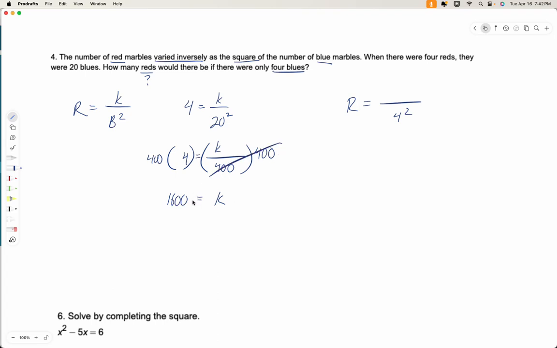Because these cancel, and then that becomes 1600. So now I can put k in right here, 1600, and reds would equal 1600 divided by 16, so reds would equal 100. If there were only 4 blues, then there were 100 reds.